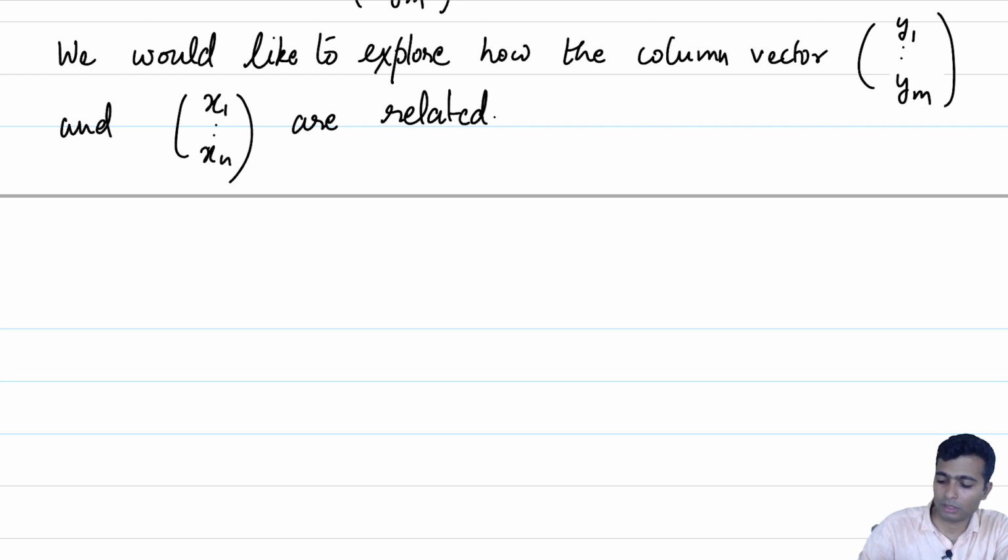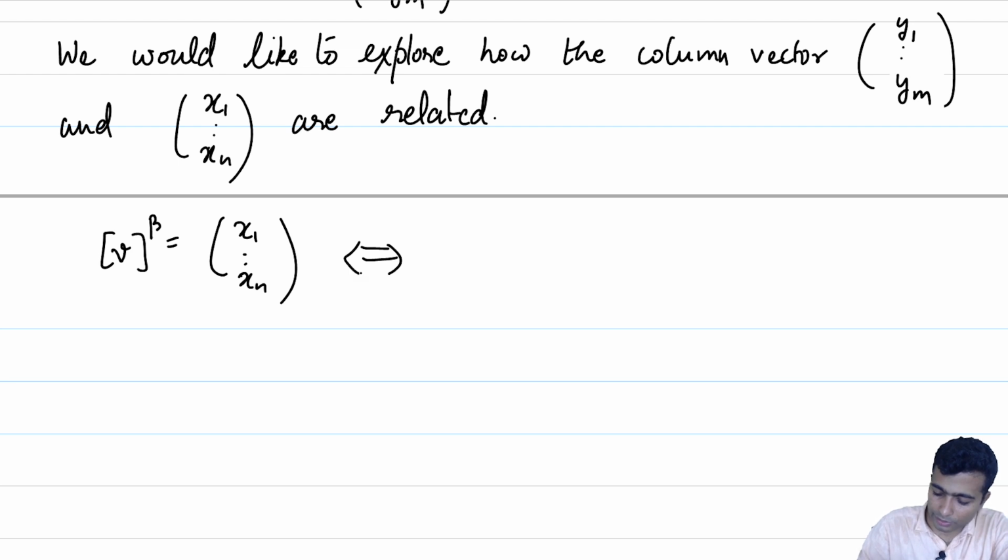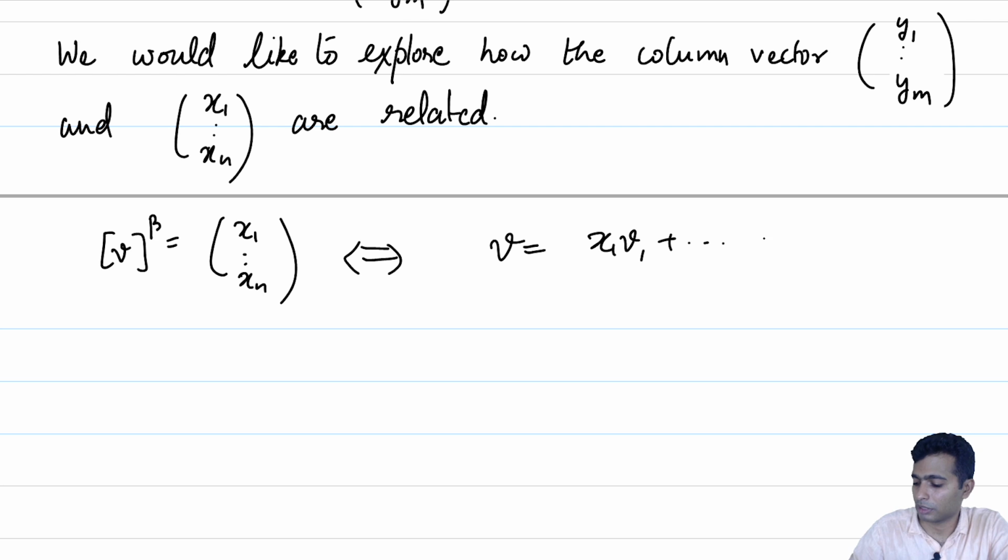Clearly, the relationship has to be through our given linear transformation T. So let's look at that again. The coordinate vector of v with respect to beta being x1 to xn implies, this is an if and only if statement, v is equal to x1 v1 plus x2 v2 plus up to xn vn.